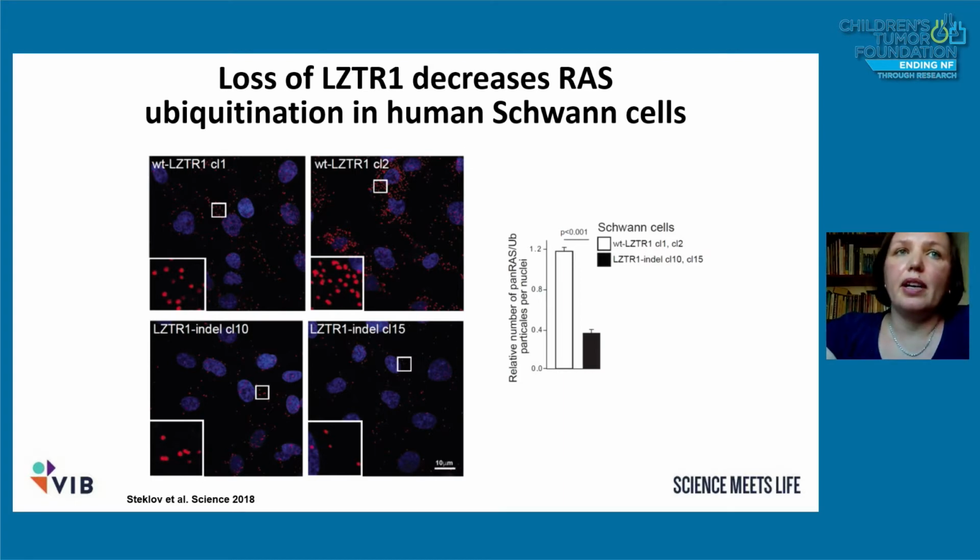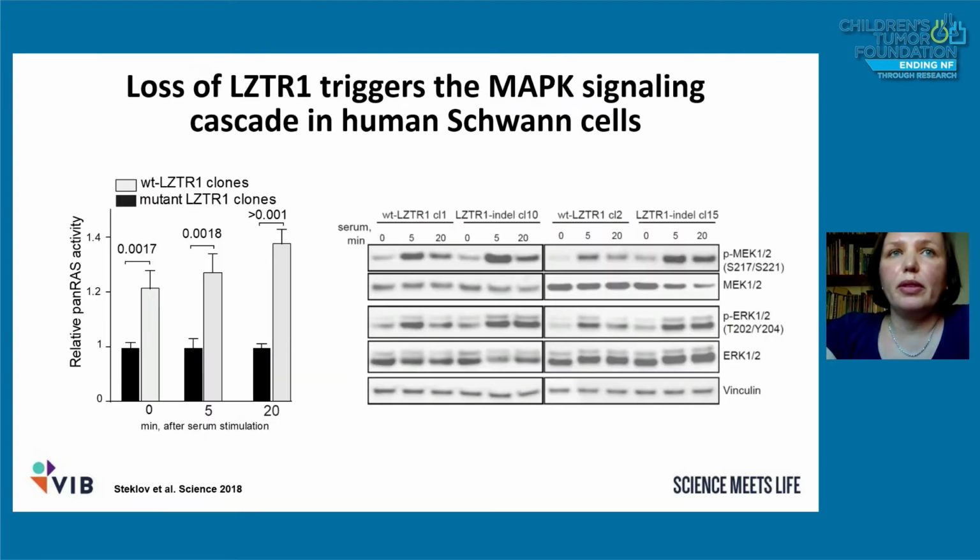Consistent with decreased levels of RAS ubiquitination, we could see an increased level of RAS activity in Schwann cells with LZTR1 indels. In addition to increased RAS activity, we also observe increased activity of MAP kinase signaling. As you can see, in serum-stimulated Schwann cells harboring indels of LZTR1, we could observe an increase in phospho-MEK and phospho-ERK.